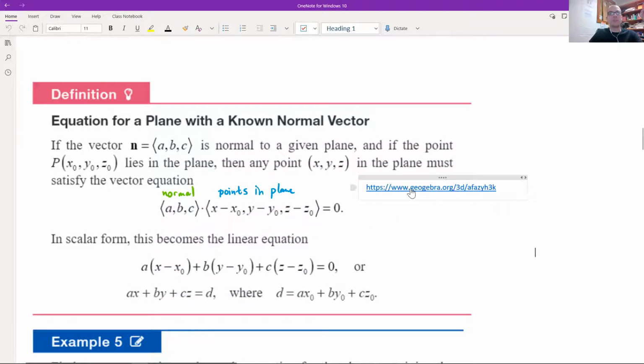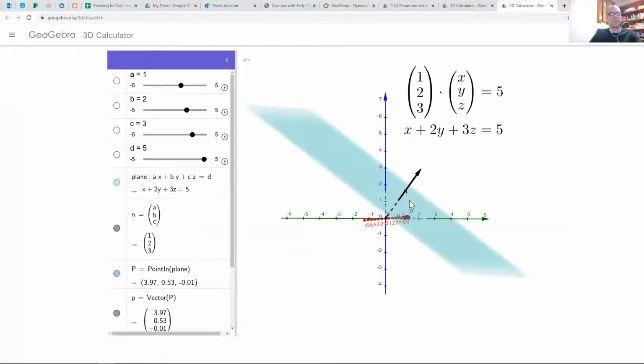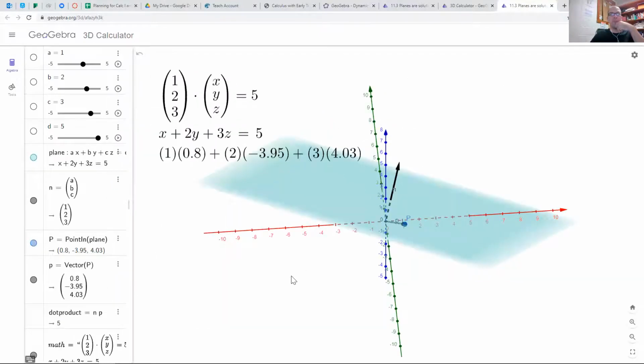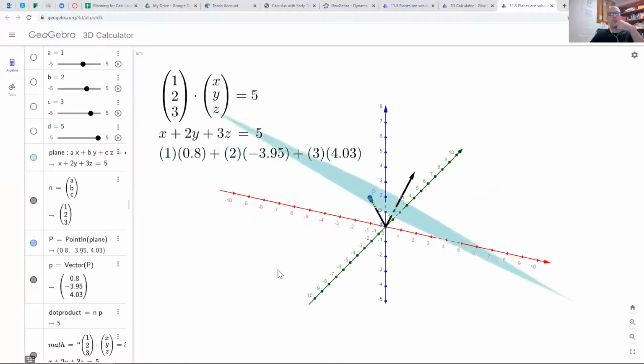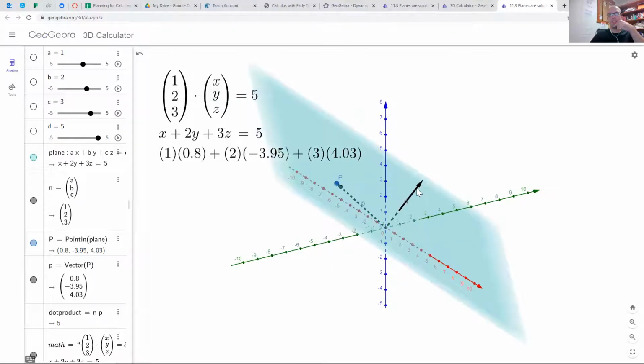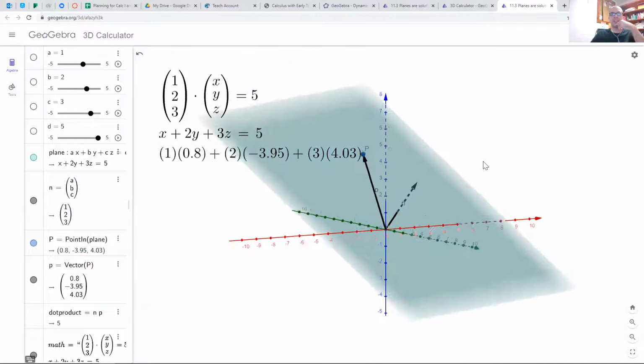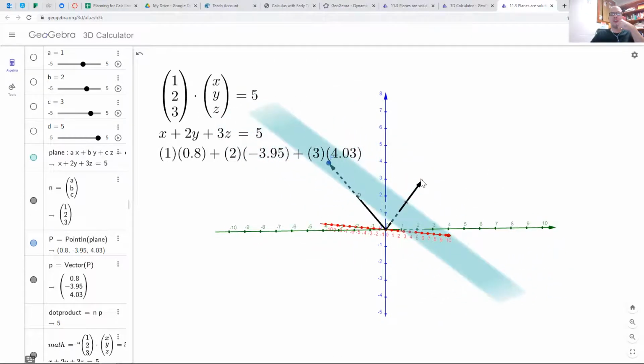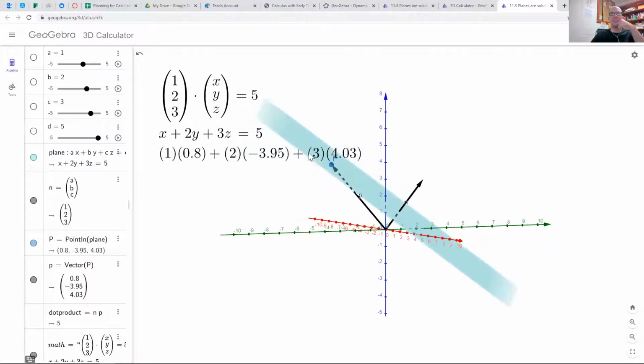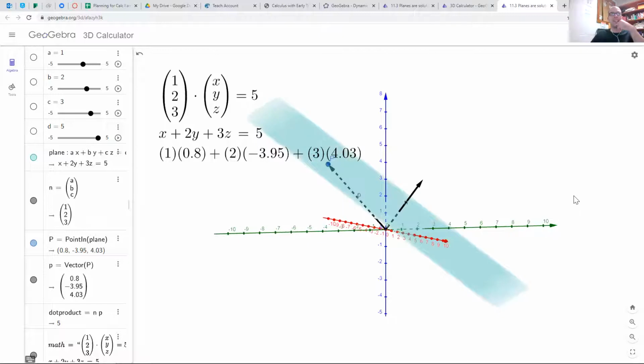Cool. So picture time. All right. We have a normal vector here, n, I'm not going to change its color. Normal vector. And we have the plane in blue. This happens to be the plane x plus 2y plus 3z equals 5 right now.